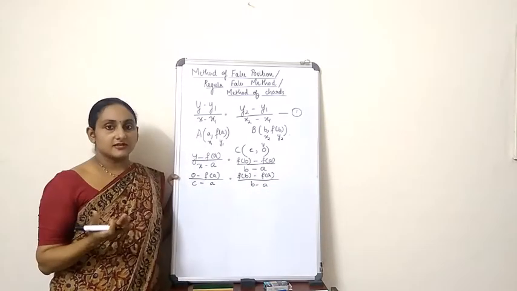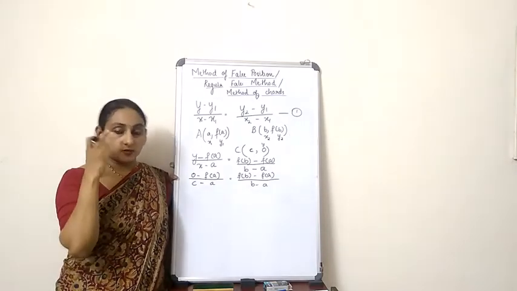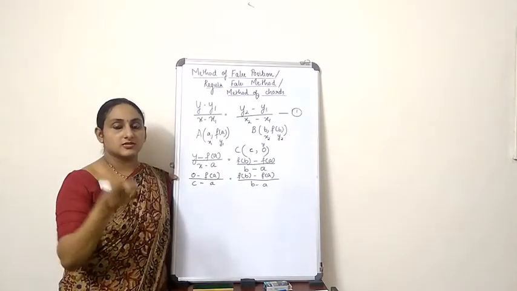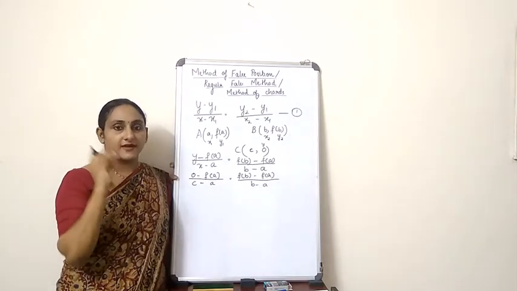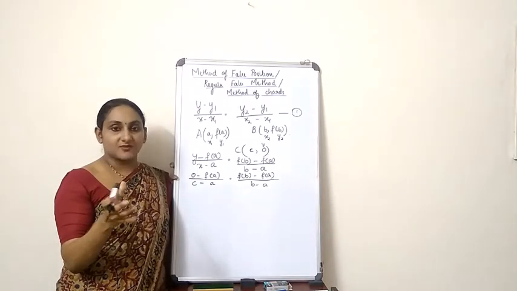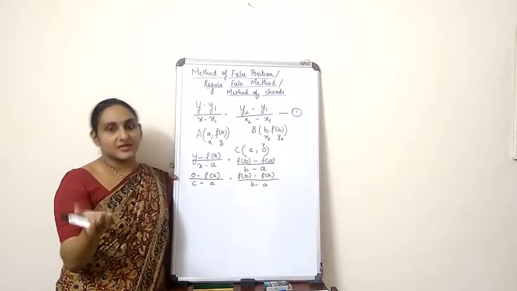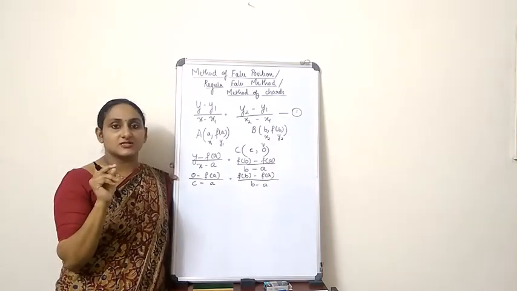Now as I said earlier, our objective is to find out an approximate root for the function f of x. Now the approximate root of the function f of x, where does that lie? It lies somewhere between a and b, such that f of a and f of b have opposite signs, and there was one more condition.